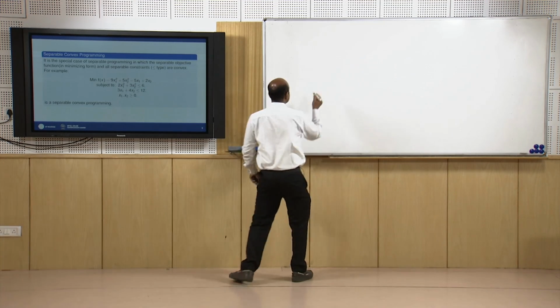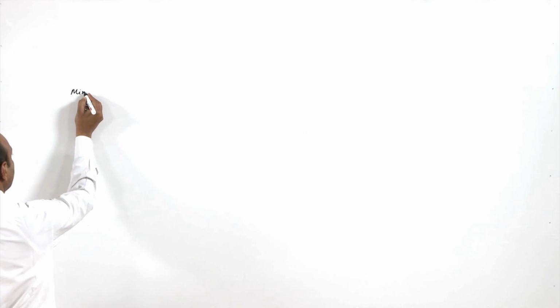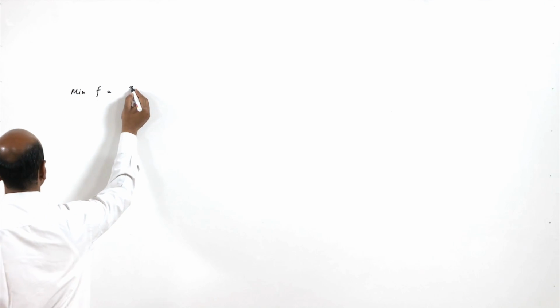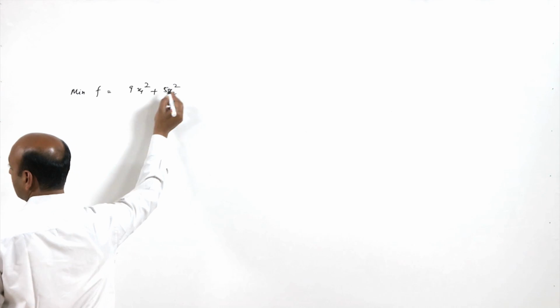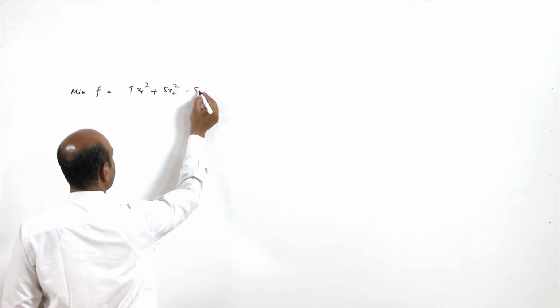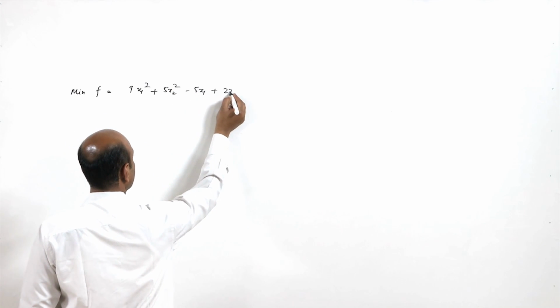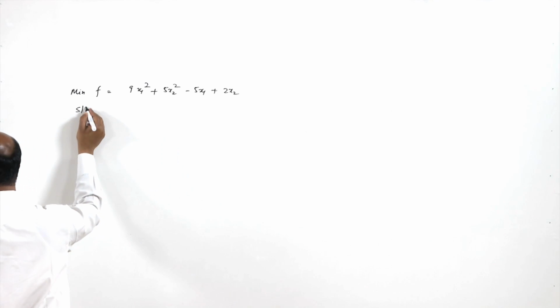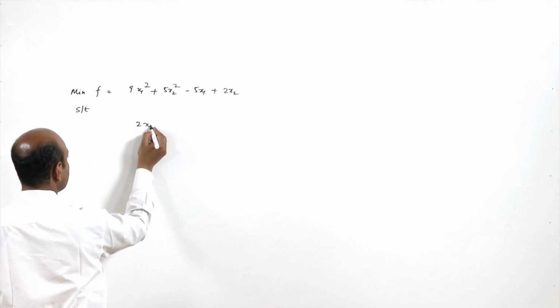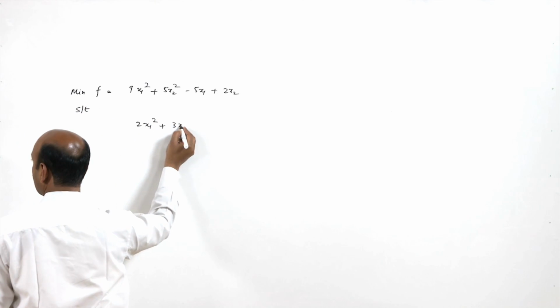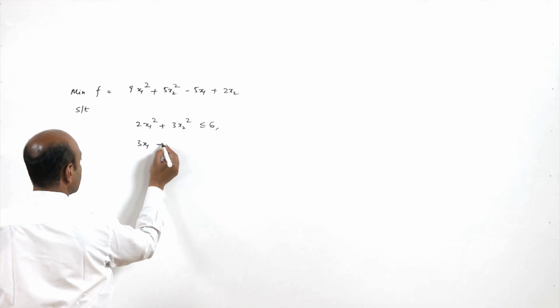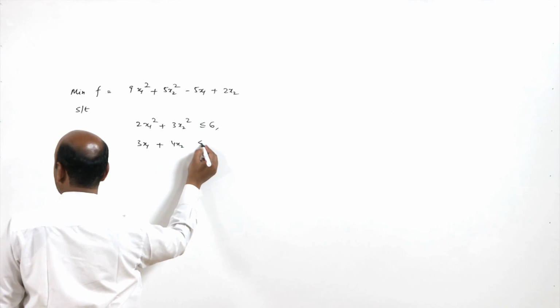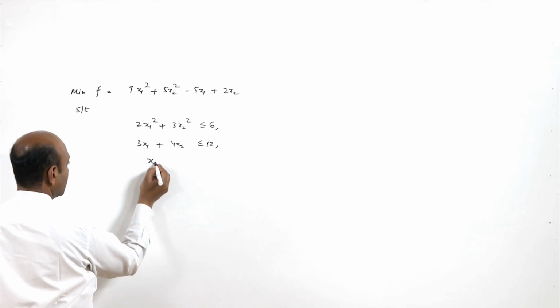Okay. Minimize f equals 9x1 square plus 5x2 square minus 5x1 plus 2x2, subject to the conditions 2x1 square plus 3x2 square less than or equal to 6, 3x1 plus 4x2 less than or equal to 12, and x1, x2 non-negative.